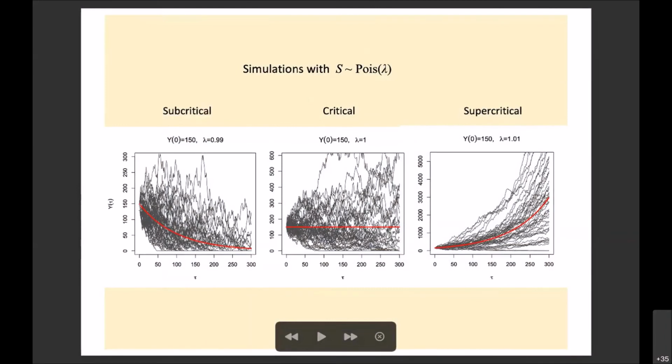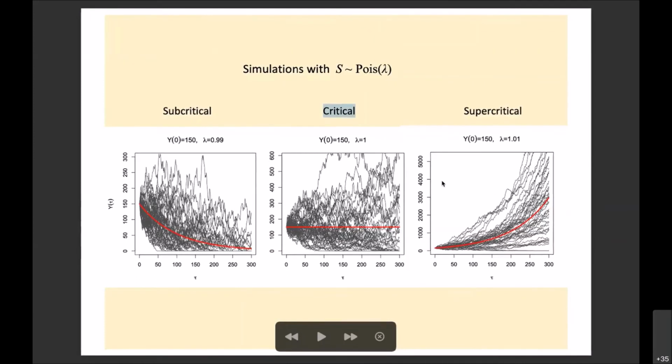Exponential decay, not growth. I've shown about 50 trajectories of this system here. If the mean is 1, so we're looking at the critical system, the mean of the distribution stays constant, and if lambda is bigger than 1, it grows.